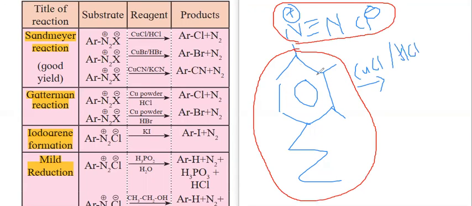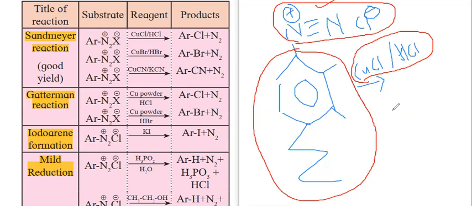For CET, similarly for NEET purposes, most of the time this question is asked, and because of this aromatic group it looks big. Therefore we feel it is a very hard, tough question. So don't focus on that. Just focus on the diazonium and the reagent. The reagent is also important, because if the reagent changes, the reaction product also changes. Similarly, there are other reactions in which there is retention of the diazonium group.